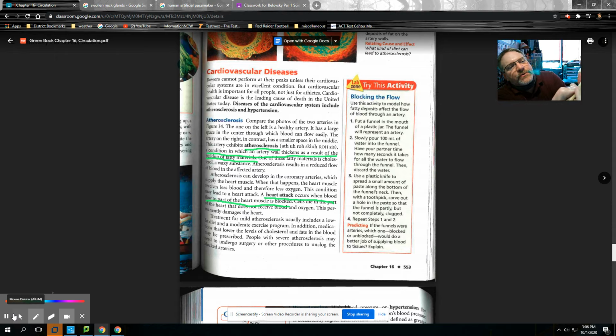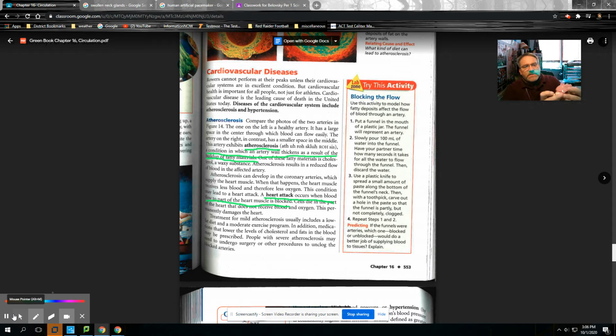That red line, it looks like a worm. That is what supplies blood to the heart. The heart is a muscle. It's a piece of tissue. So therefore, it has to have oxygen and nutrients.